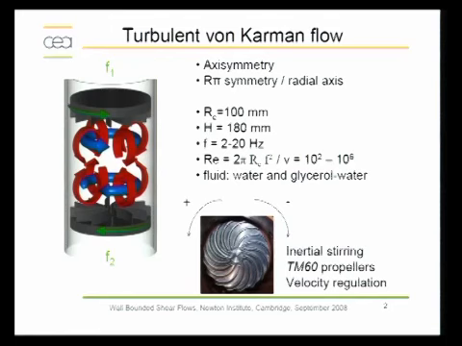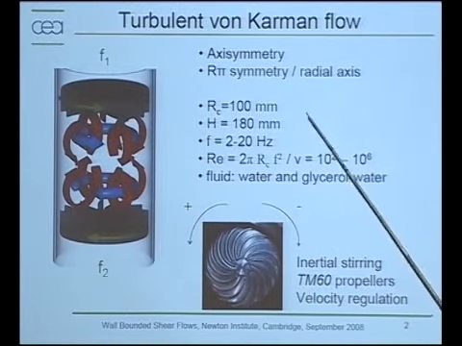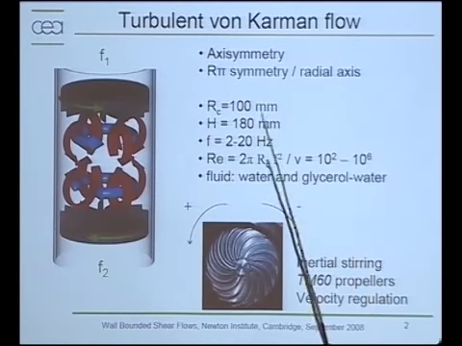So what is a von Karman flow for me? This is the flow in a cylinder between two counter-rotating propellers, like this one you see with curved blades, so you have two senses of rotation. Because you are rotating, you have this azimuthal shear, here in blue, in one direction and in the other direction, and also you have pumping in the center and going like this, in red, for the poloidal flow.